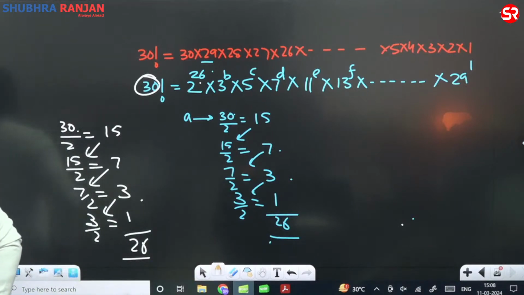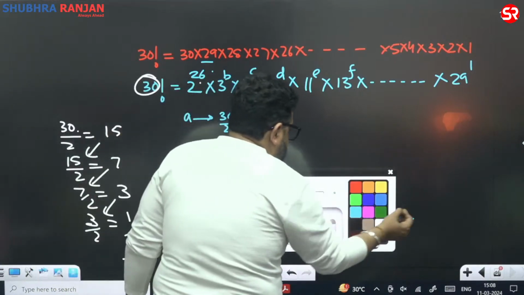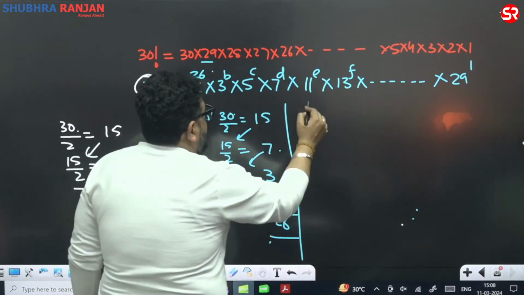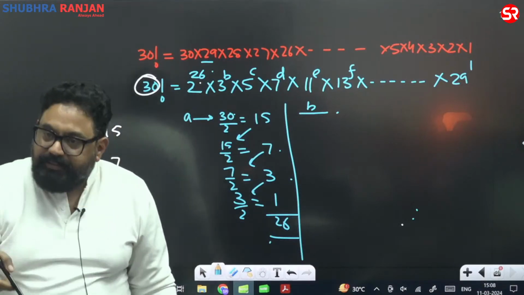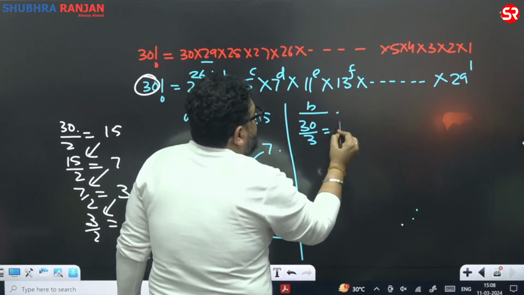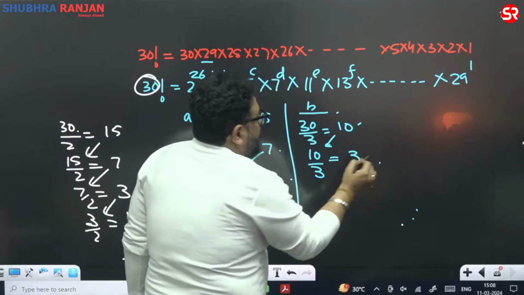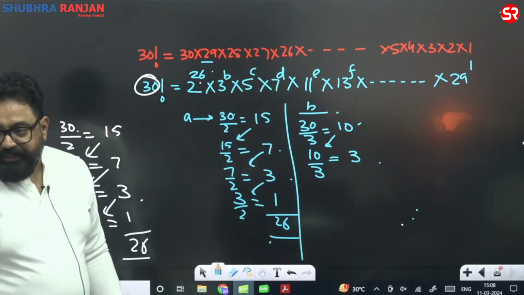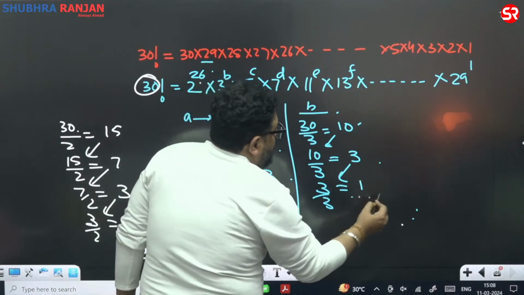Easy. But if I say what is the value of b? Guys, what is the value of b? Power of 3. So it would be 30 by 3, 10. Then 10 by 3, 3.33 which is 3. Then 3 by 3 which is equal to 1.